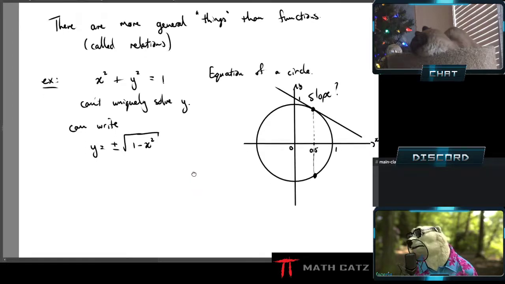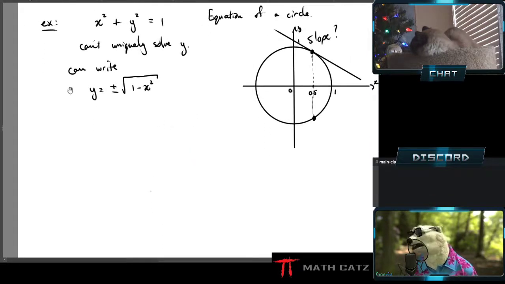This is where implicit differentiation is necessary. It's crucial. So let's say here, to find the slope, excuse me, or derivative, implicit differentiation.